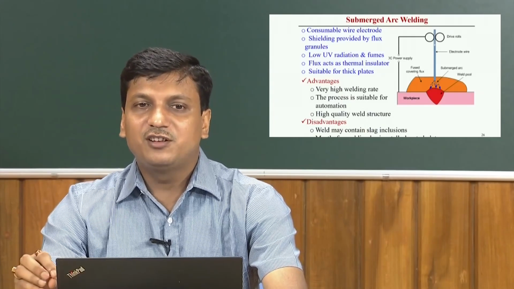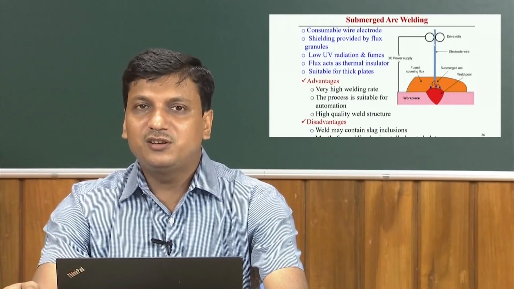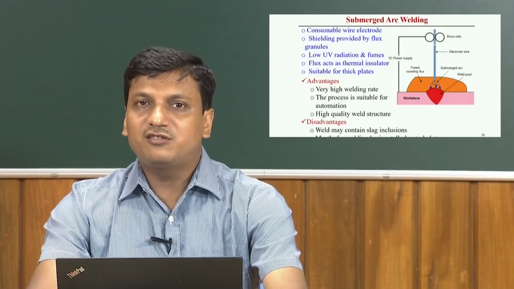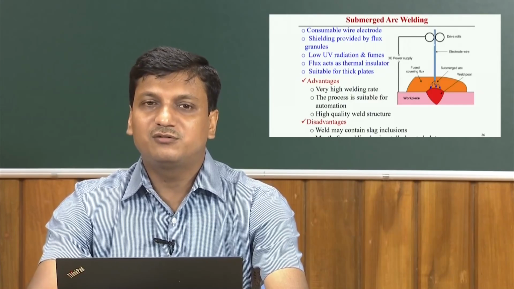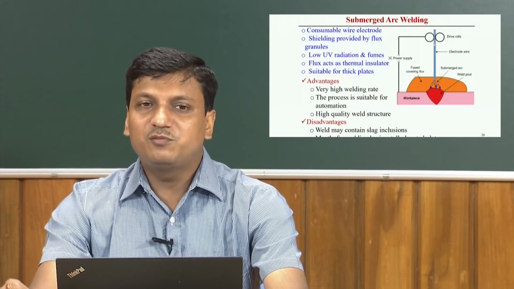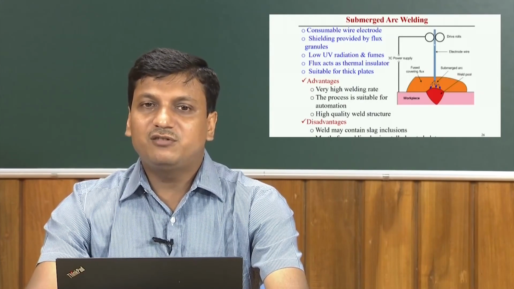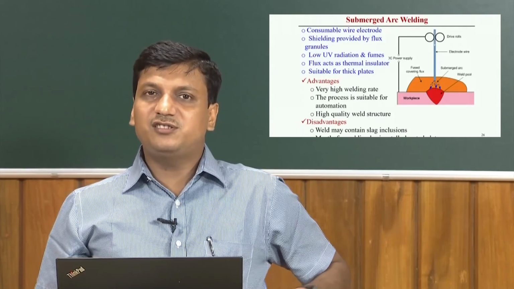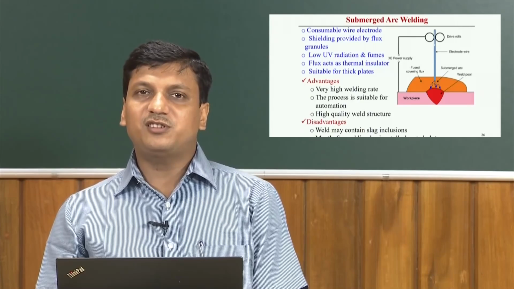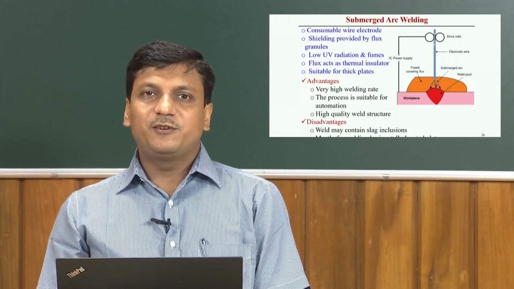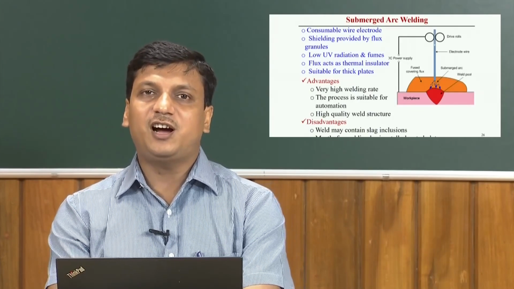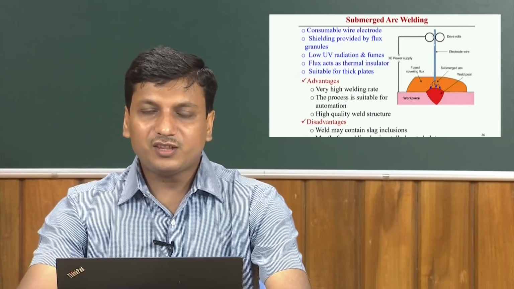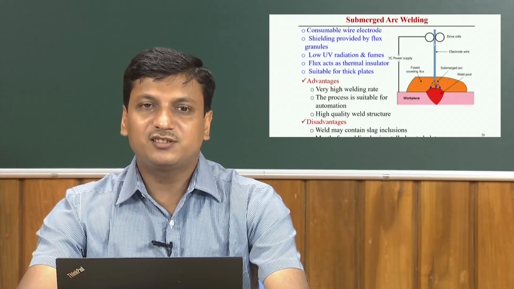At the same time, a very high welding rate can also be achieved using twin wire. That means two wires can be used in this process to improve the rate of the welding or material deposition process. This process is developed specifically for when there is a requirement of very high thickness or large volume of material, but it also has some disadvantages.